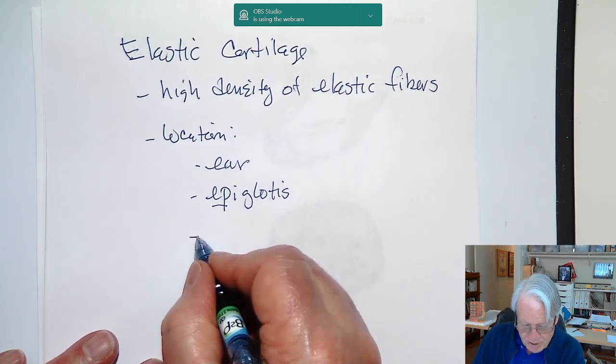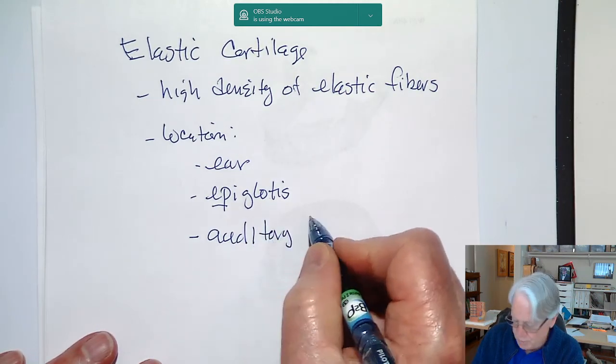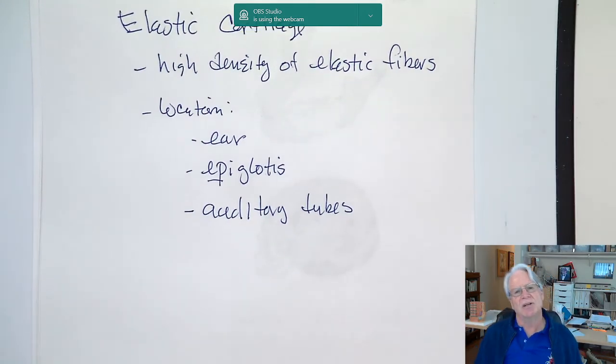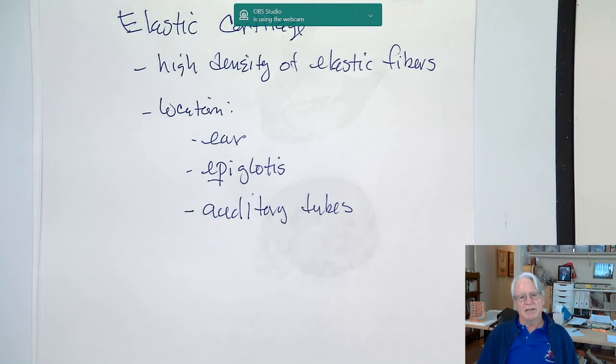And one other place, the auditory tubes. The auditory tube is a small tube, one for each ear, that opens up in the throat and goes to the middle ear. What that tube is designed to do is to help you equalize pressure on either side of the eardrum.